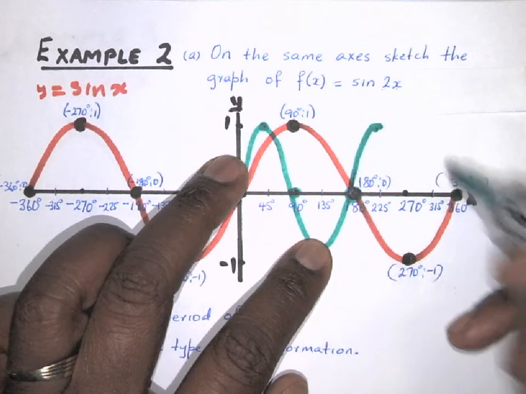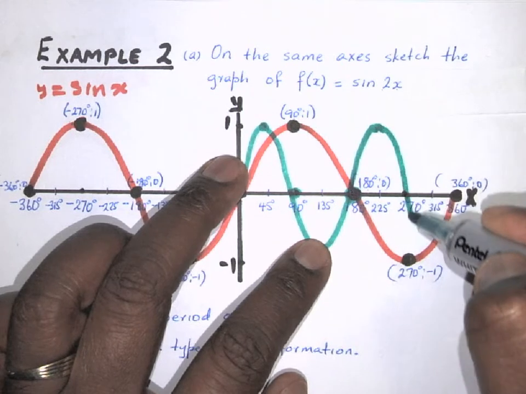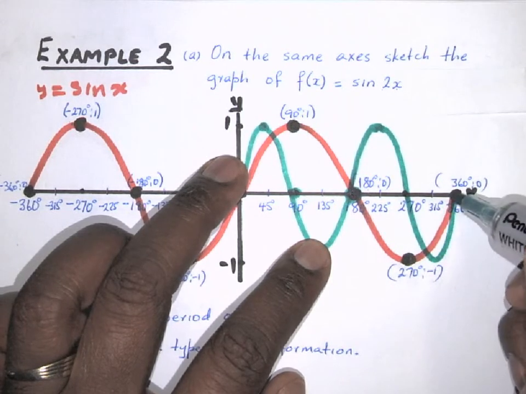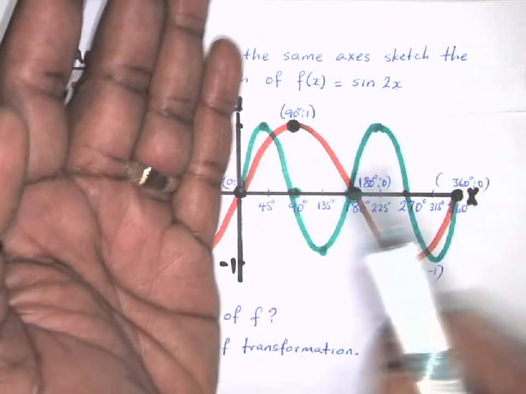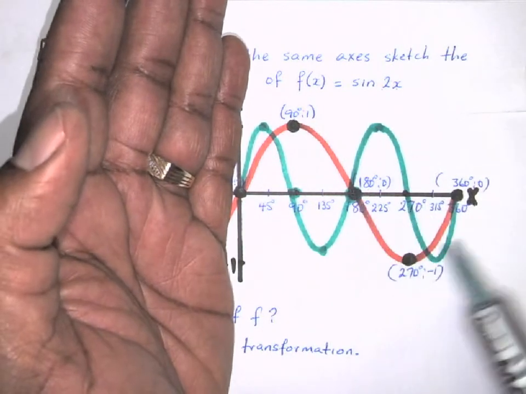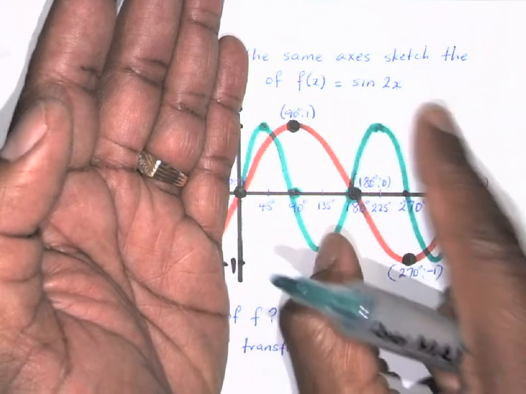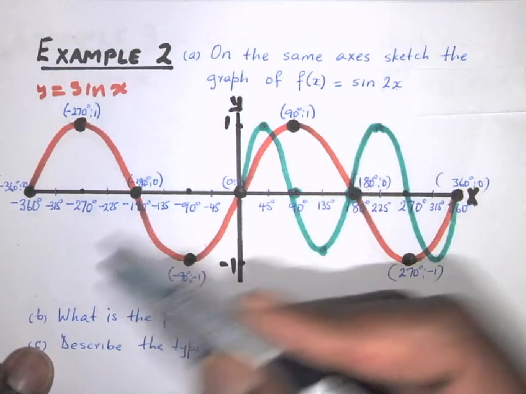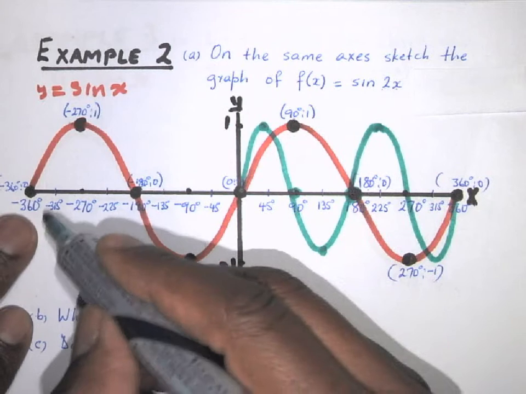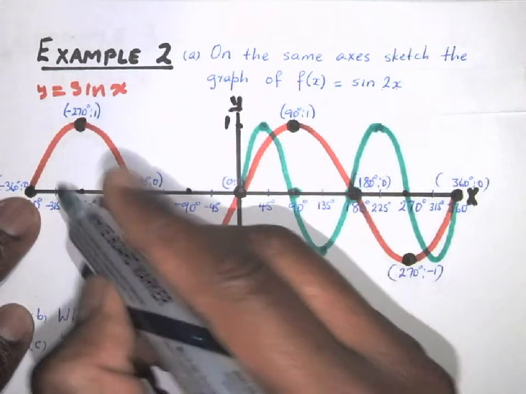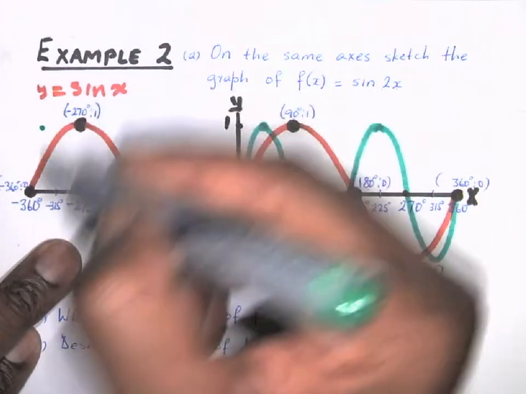So I'll come down there and then all the way to there. Now you can see I've got two waves here. I'm doubling the wave. So here I will also do the same thing. I will double the wave, which means that to have two waves here, I'll have to go up somewhere there.